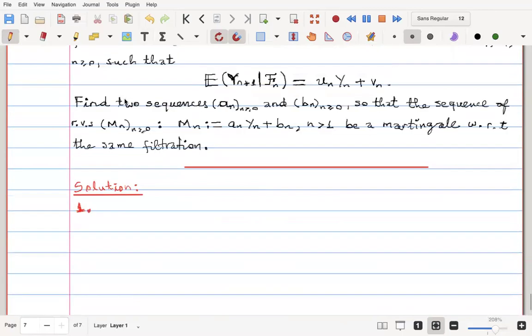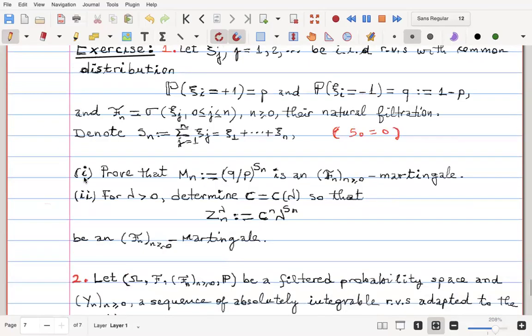As you can see, there are two questions in the first problem, (i) and (ii). The first one is to prove that Mn given by this is a martingale. So let us copy this question.